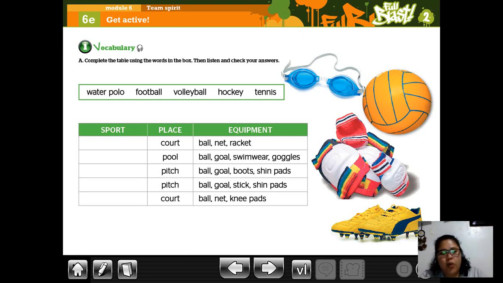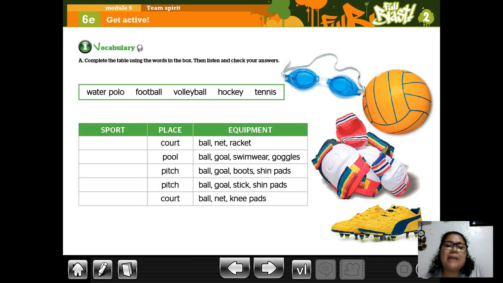We have a sports, place, and equipment. Okay. The equipment is everything that we need to play the sport. For example, a ball. In baseball, we have different equipment. Bats, balls, gloves. Okay? So, es todo aquello que se necesita para jugar el deporte, equipment.